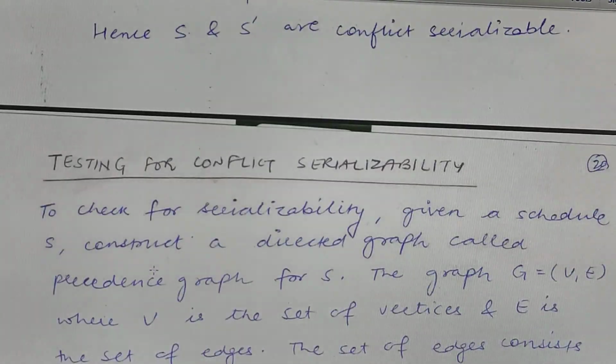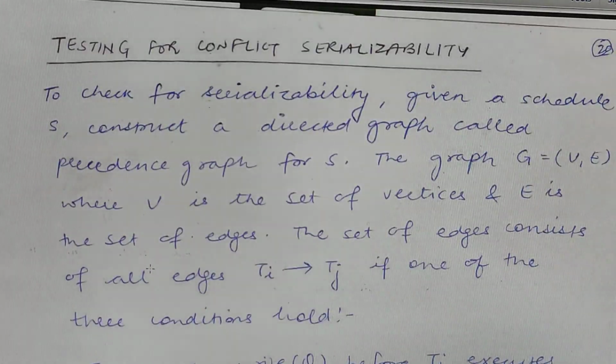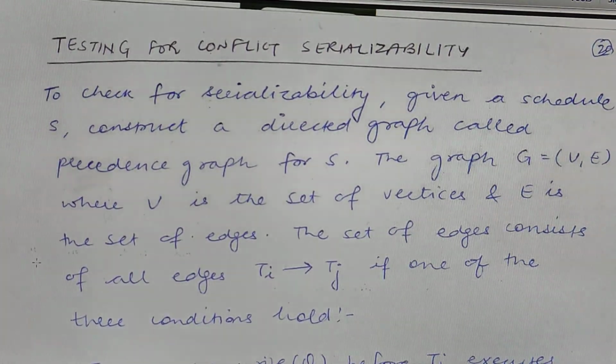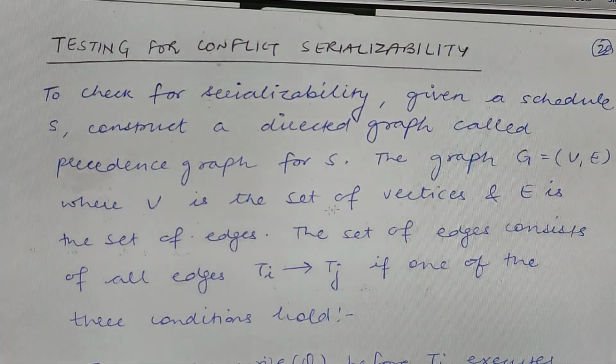Now we have a very simple test using graph theory to check if the schedule is conflict serializable or not. What we simply have to do is construct a directed graph, which is also called a precedence graph. I hope you know that we denote a graph by V and E, where V is the set of vertices and E is the set of edges.